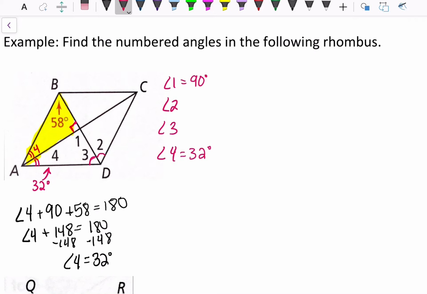There's a few different ways you could figure out the measures of angle 2 and angle 3. We could use the same method we just used. So since we know that angle 1 is 90 degrees, and we now have the measure for angle 4, we could look at this smaller triangle to find the measure of angle 3.